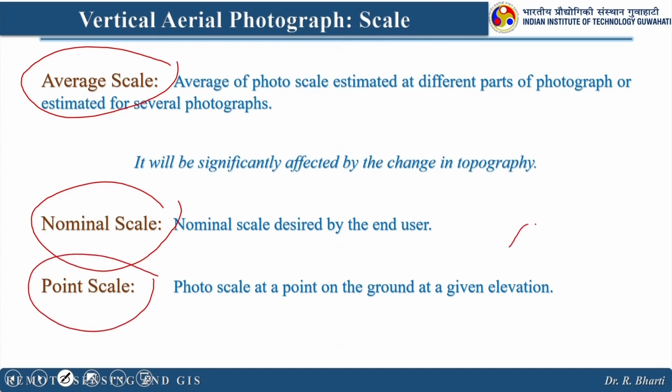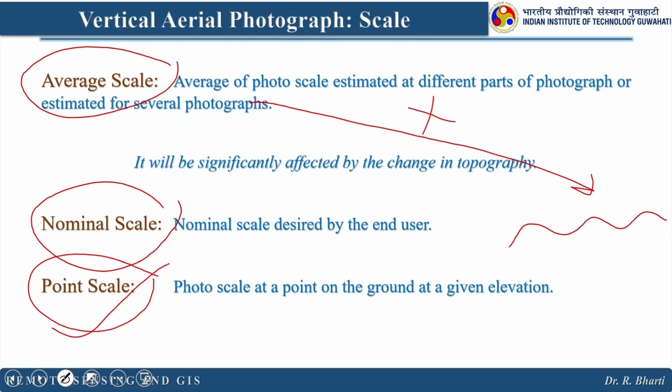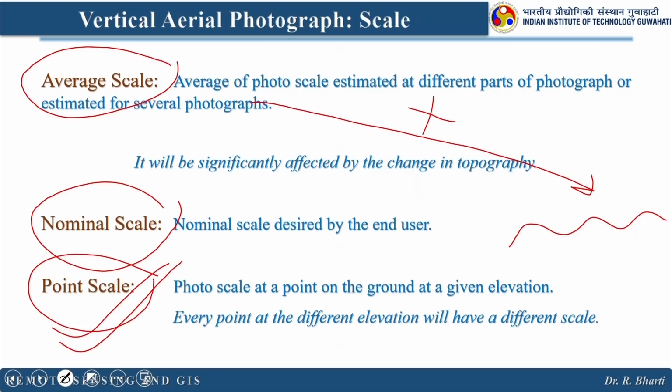When your surface is very undulating, you cannot use the average scale, that will be wrong. In that case, it is better to go for point scale. In point scale, every point at a different elevation will have a different scale. That is the advantage you have when using point scale.